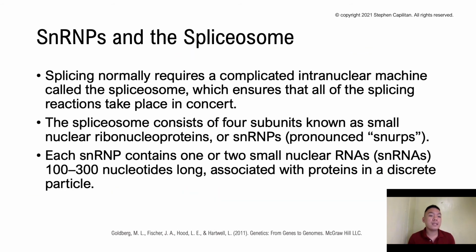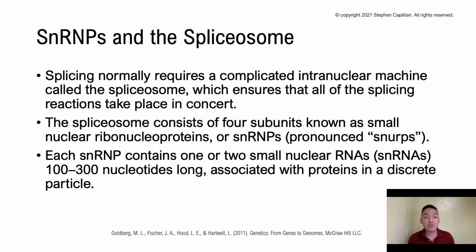Next we'll be talking about snRNPs, or SNRPs, and the spliceosomes. Splicing normally requires a complicated intranuclear machine. We call that the spliceosome, and it ensures that all of the splicing reactions take place in concert.